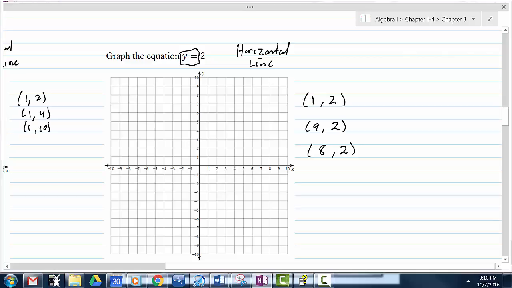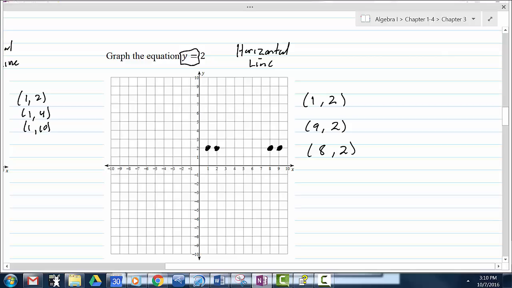So let's make sure we actually have those. If we're doing (1, 2), that point goes here. (9, 2), that point goes here. Well, okay, (1, 2). Let's actually do that big. (9, 2), (8, 2). So you can see my point.